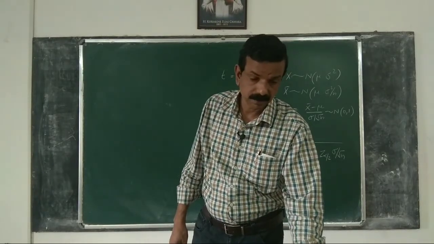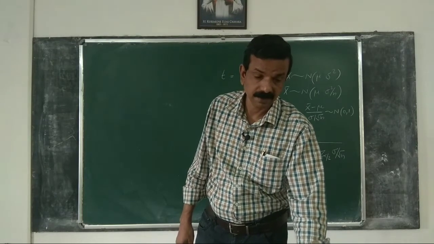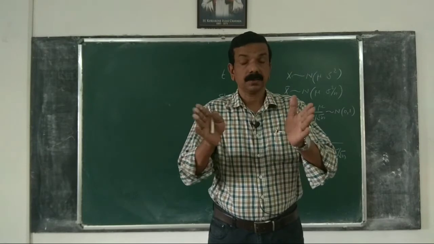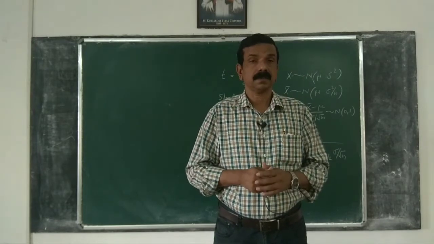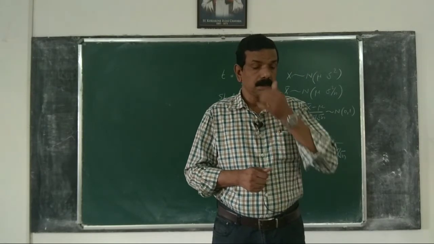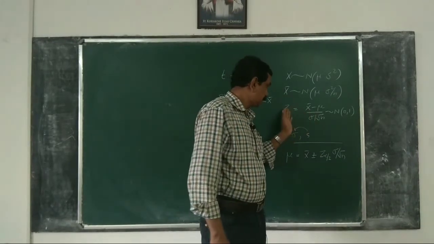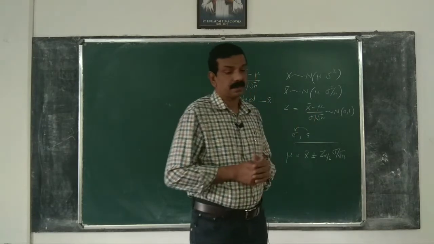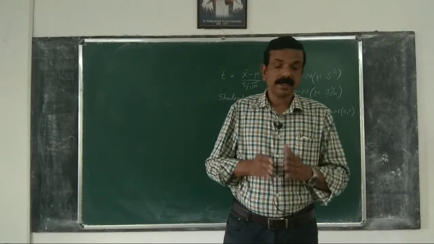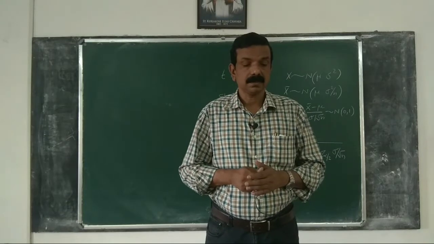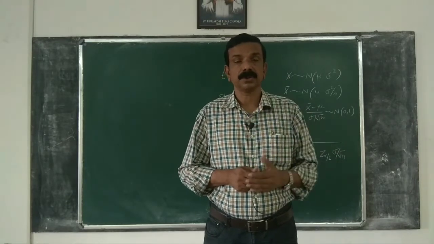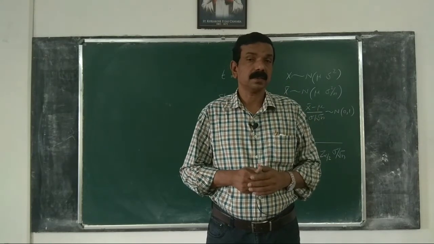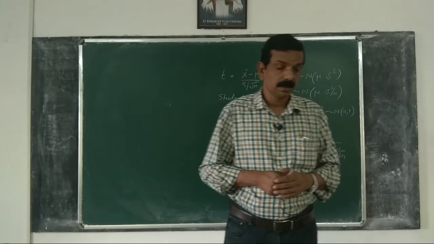So we use the studentized version of x bar to construct confidence intervals. And remember this, unlike the standardized version, the studentized version of X bar does not have a normal distribution.